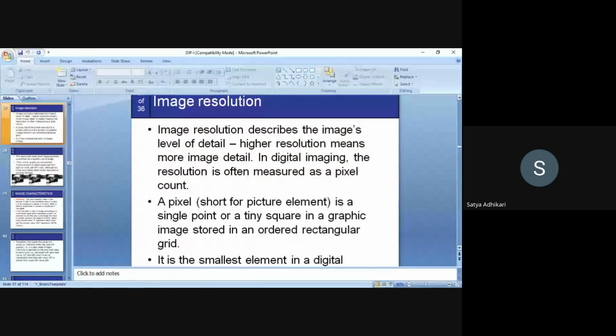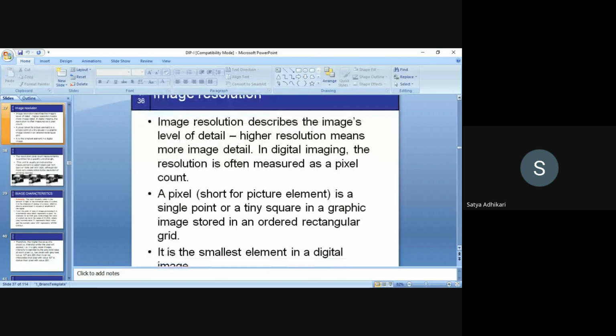A pixel is a single point or a tiny square in a graphic image. As we discussed in the last class, a pixel is the minimum, the shortest unit of an image. It may be a dot or a square.